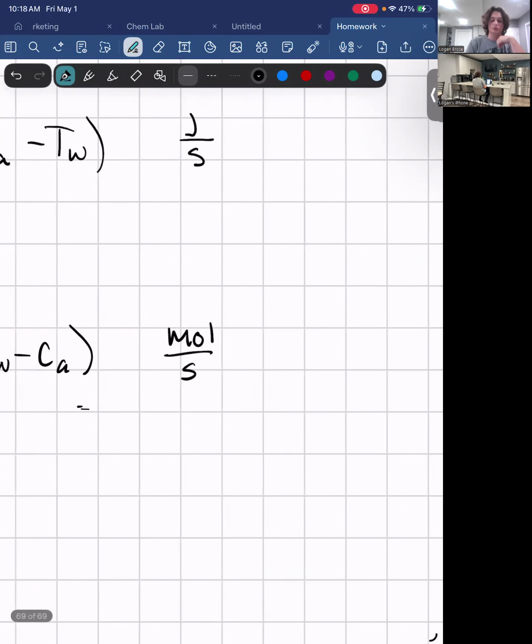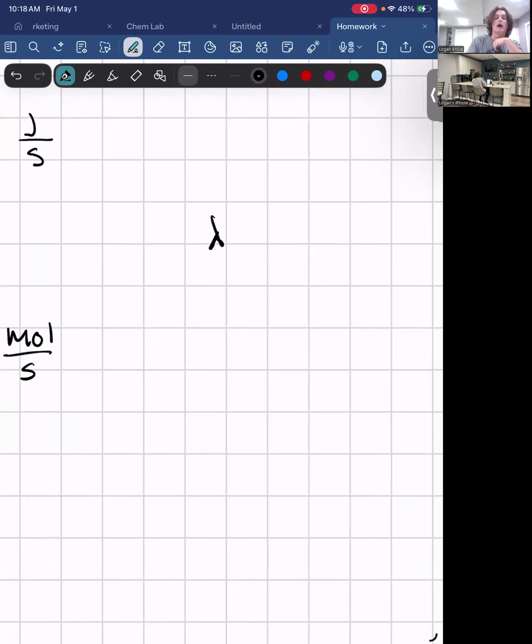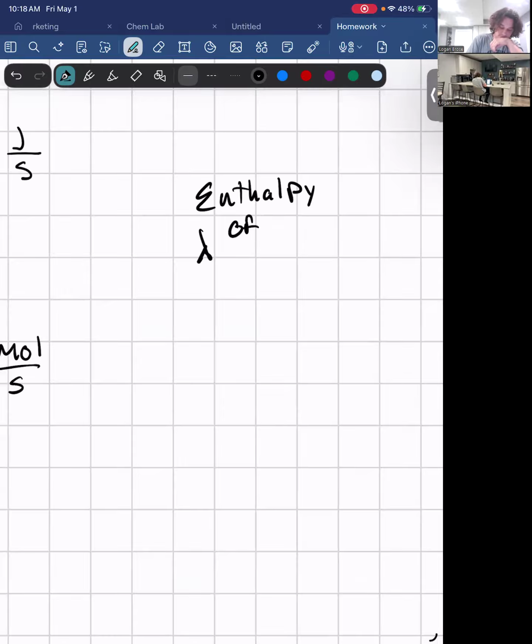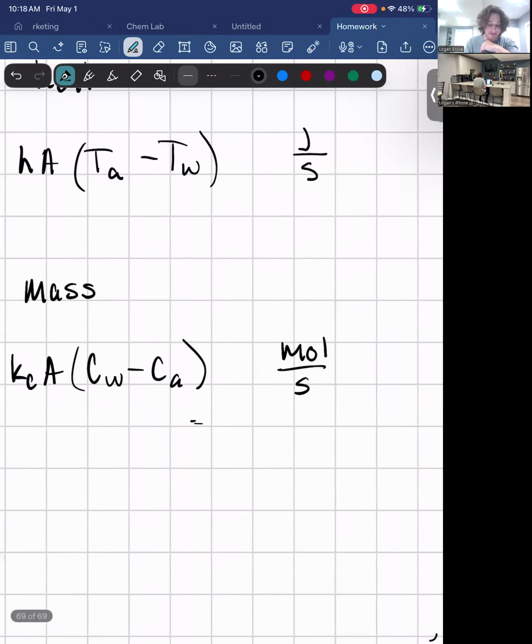So what we're going to use is our enthalpy of vaporization, which has units of joules per mole. So if we multiply that, we'll end up with joules per second.